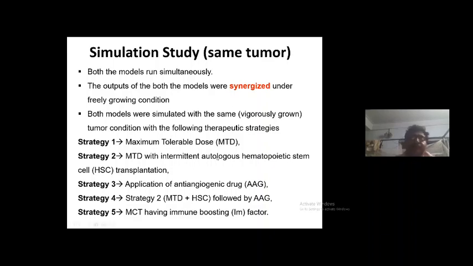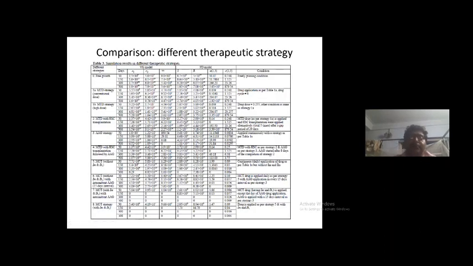For that, we put in the data from the known literature for vigorous tumor cells, and the same tumor condition is studied through simulation analysis for different sorts of therapy: MTD, MTD with intermittent HSC, AAG, MTD with HSC followed by AAG, and MCT with immune boosting. And these are the output results that we have found.